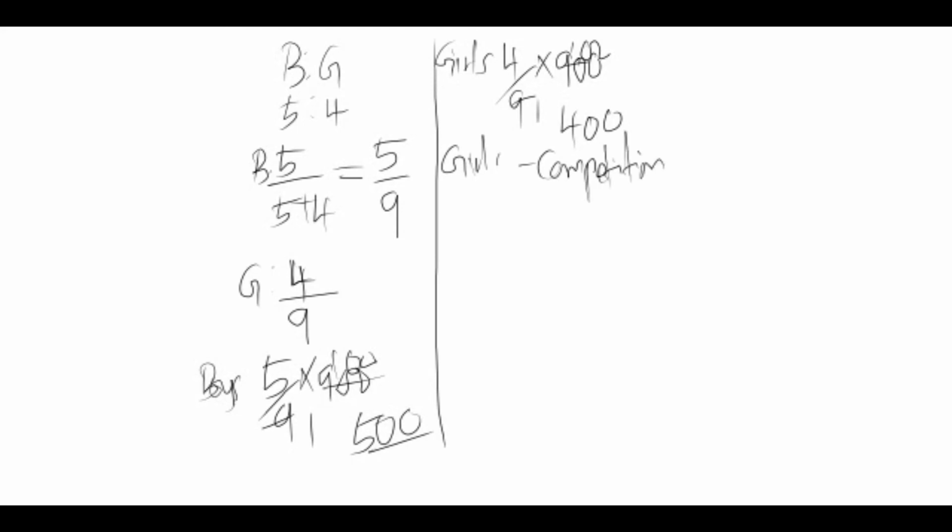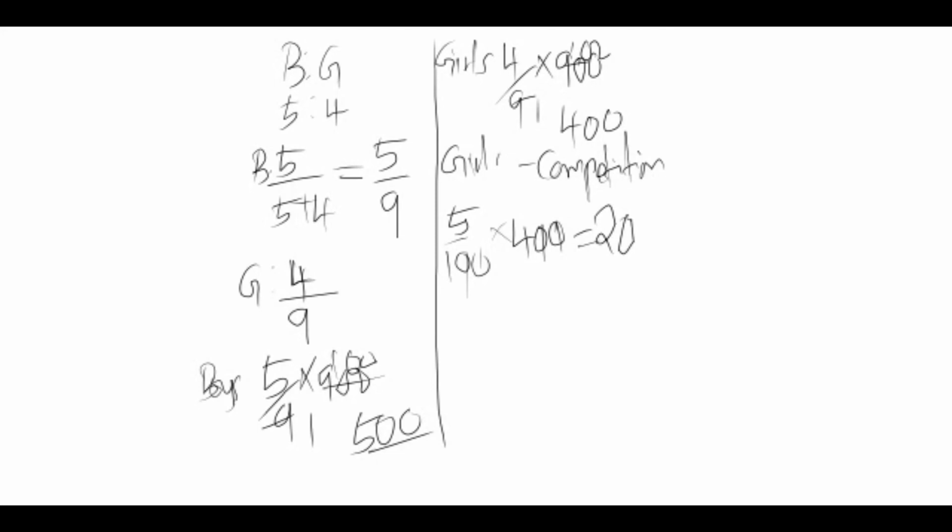we have 5%. So 5% of 400. 5 times 4 is equal to 20. So we have 20 went for the competition.